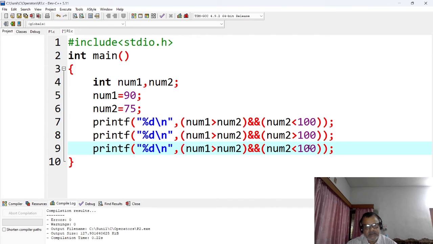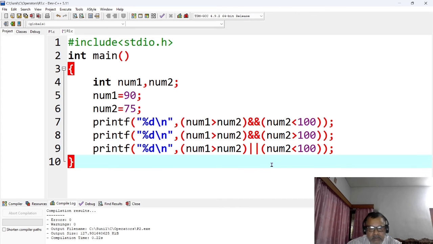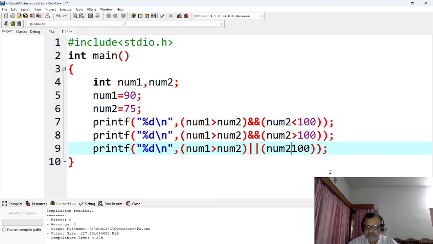And if both the expressions are false, you will get false. But in this expression, I want to change this symbol only. What is that symbol? The symbol is or. Then please tell me what will happen.